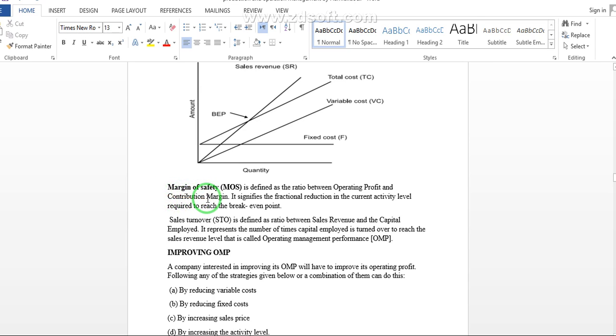After understanding the break-even point or break-even analysis of the operations, the manager of the organization, or the one who is concerned with doing the operation, is responsible for being well aware of the margin of safety. So for this purpose I have prepared today's topic, the margin of safety.